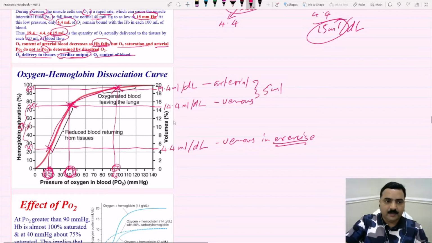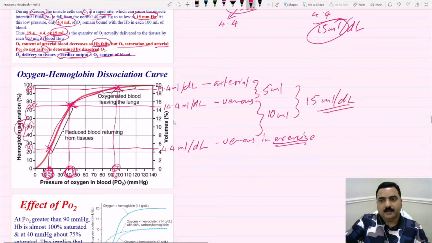Around 50 percent is dissociated, which is around 10 ml. That means during exercise, a total of 15 ml of oxygen per deciliter is dissociated, and can be delivered to the tissues.